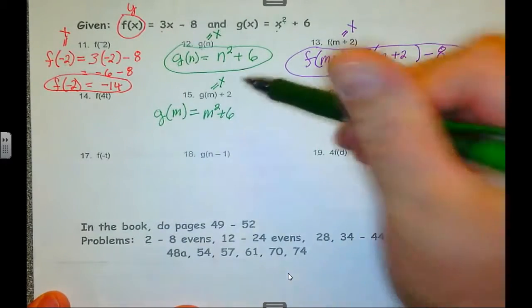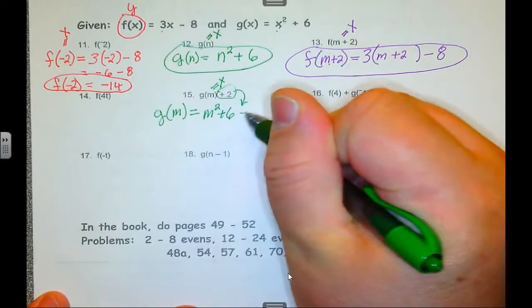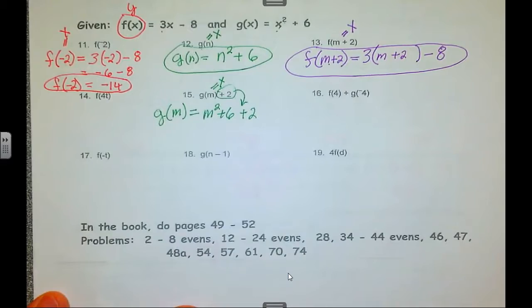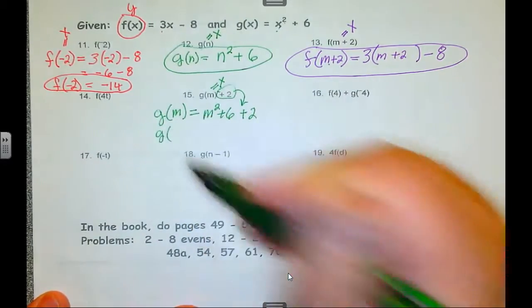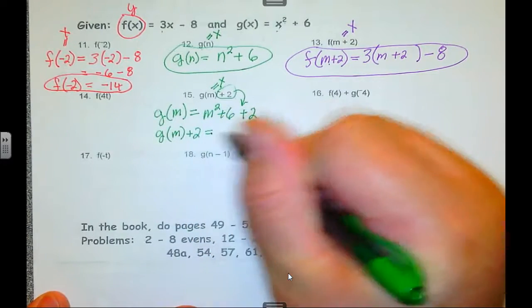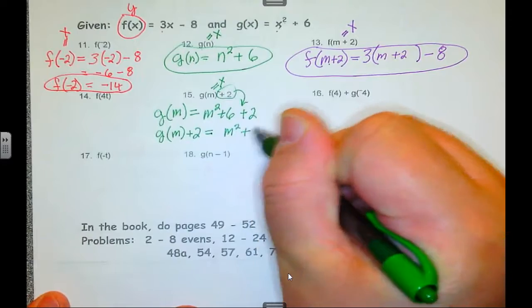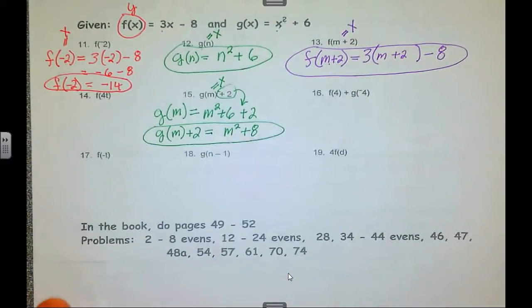Then I'm going to add 2 to the whole thing. So g of m plus 2 is going to equal m squared plus 8. Okay?